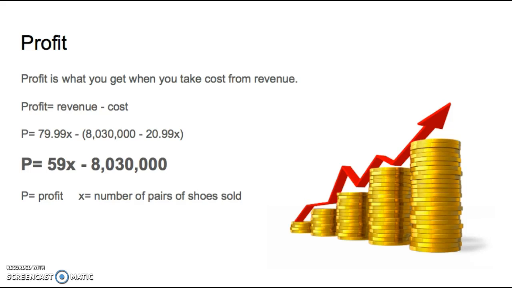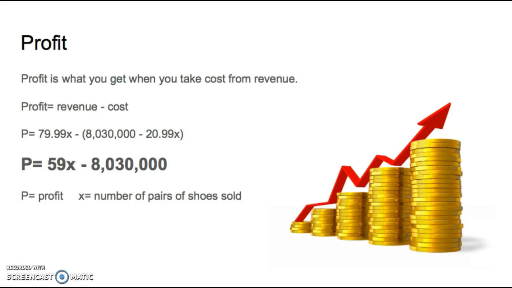That is how we get the 59x. And because the 8 million does not have any like terms in the equation, it stays the same. So our profit equation looks like P equals 59x minus 8,030,000, where P equals profit and X equals the number of pairs of shoes sold.